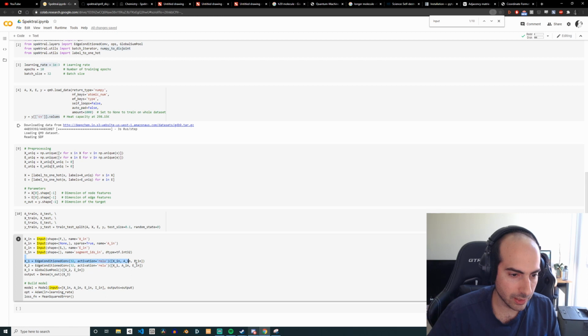And so looking at this, you'll see here that it uses xn, an, en, and then the edge conditioned convolution here at x2 uses x1, an, en, and then x3 uses x2 and an. Okay. I may need some more time to understand exactly what they mean by the segment IDs, but I'm assuming it just means, oh, I see.